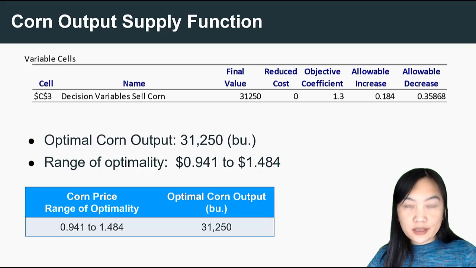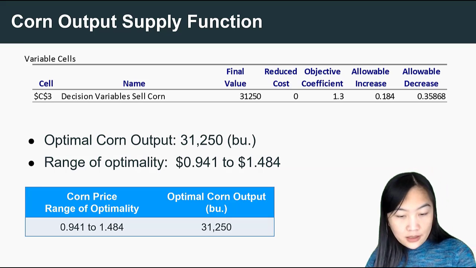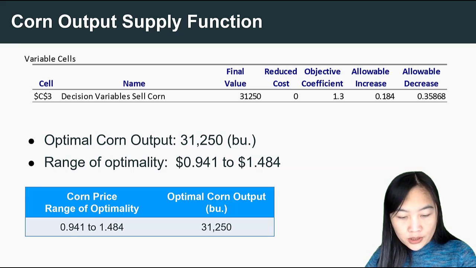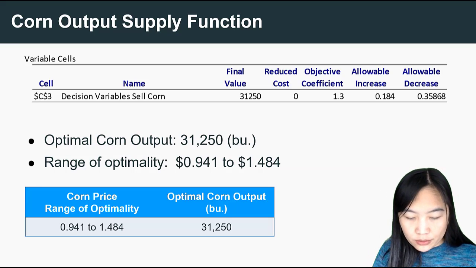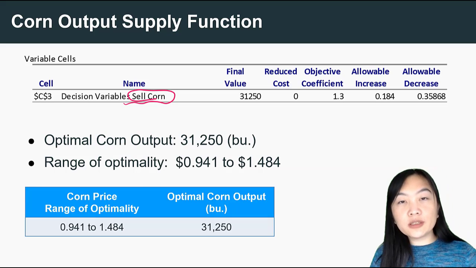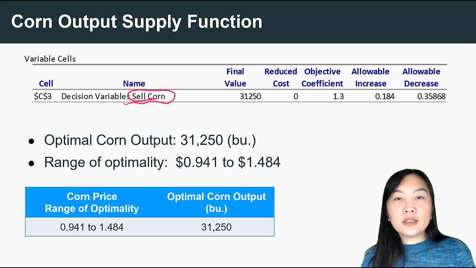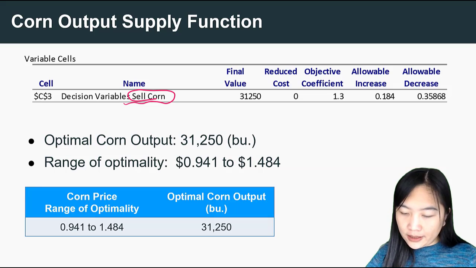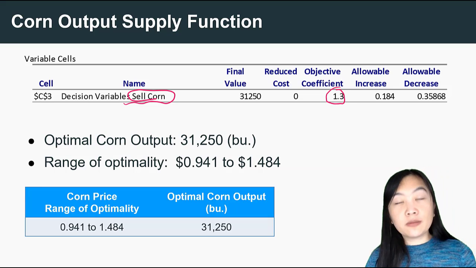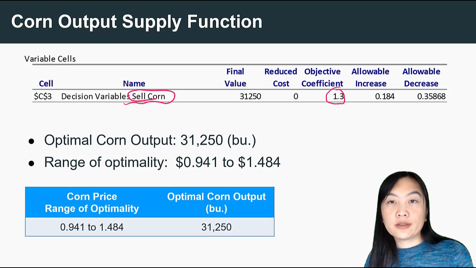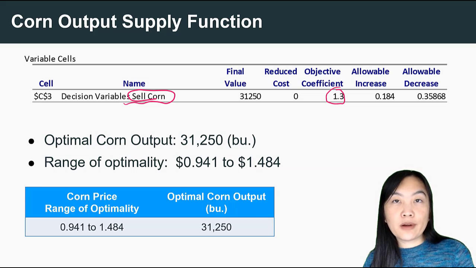This is from your sensitivity report. If you read the corn row there, you can find that currently the objective coefficient is 1.3. So that is the price for selling corn.